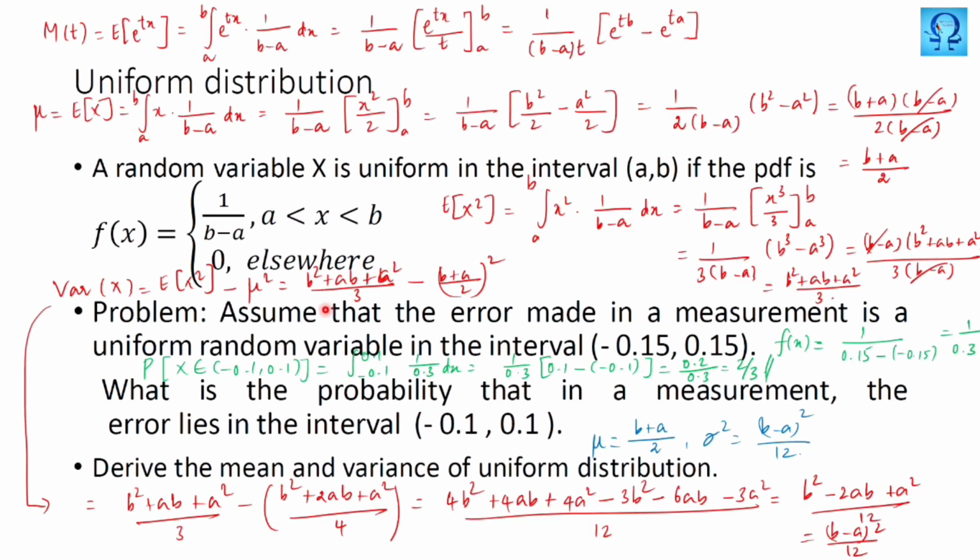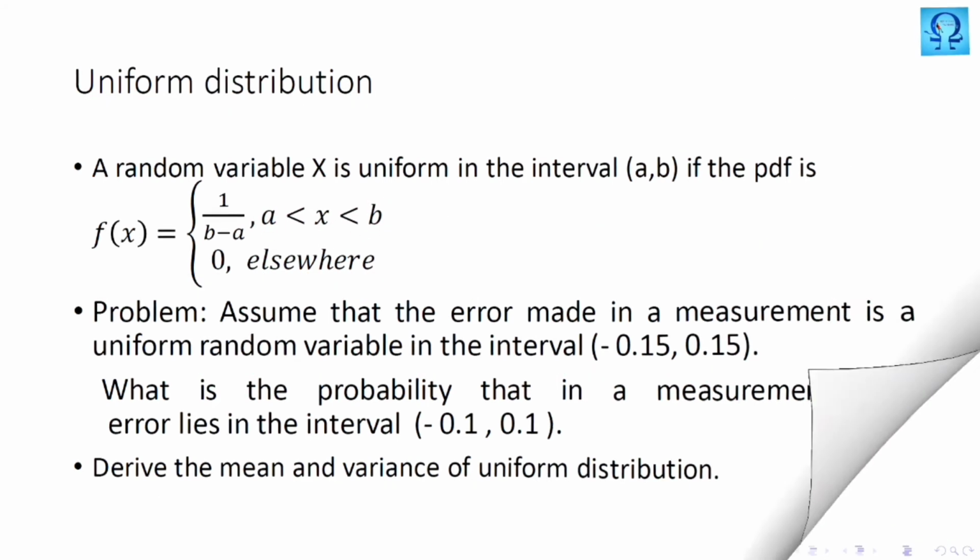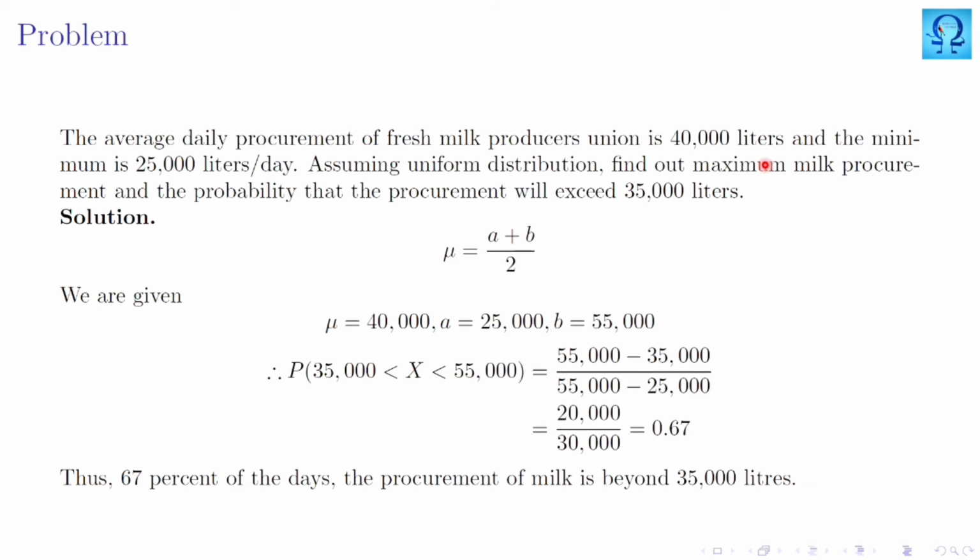First of all, let us find the maximum. If you come back to the density function, A is the minimum possibility and B is the maximum possibility. With that in mind, the mean value is 40,000 and A is given to be 25,000, and we need to find the B value.